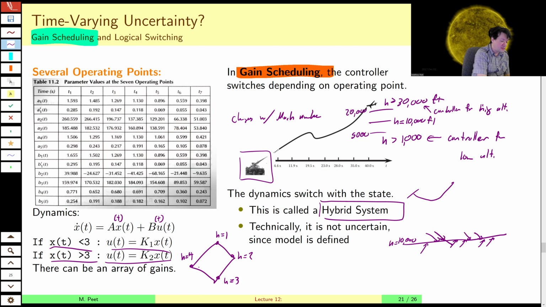So you prove stability for any of these operating conditions, or arbitrary switching, so they can switch at any time. Or you may take a different approach and just model the hybrid dynamics. But of course, we're doing robust control at this moment, so we tend to think about it more as time-varying parametric uncertainty.